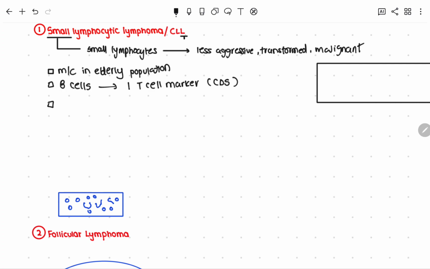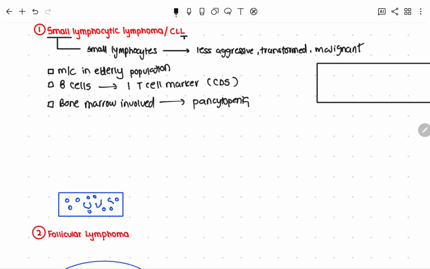Some other important features are the fact that the bone marrow is almost always involved. And so a complication of this is pancytopenia.